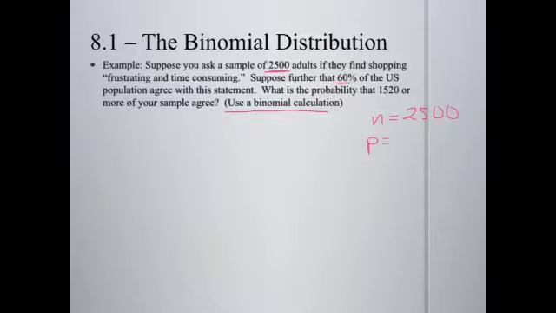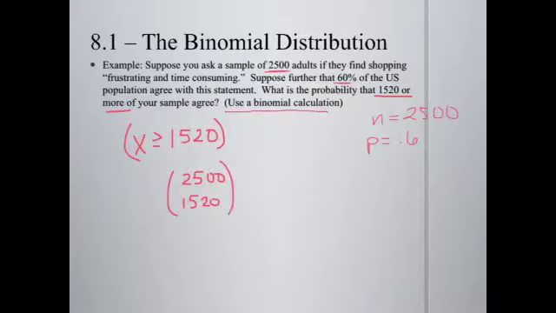So how I'm going to write this is my n is 2,500 choose 1,520. Probability is 0.6 to the 1,520. You see how complicated this looks for your poor calculators? That's why we can use a normal approximation for this.